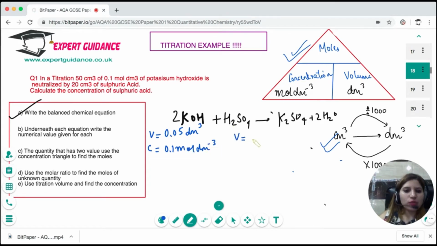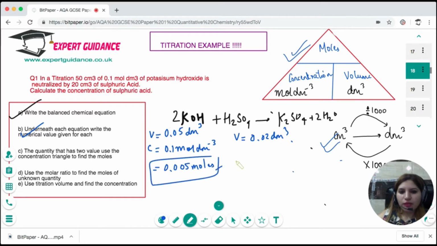So that is 20. So 20 divided by 1000, that gives me the answer as 0.02 dm cube. Now, the quantity, I have more values, I'll times each other to find the moles. So 0.05 times by 0.1 gives me 0.005 moles. Now I got the moles of KOH.